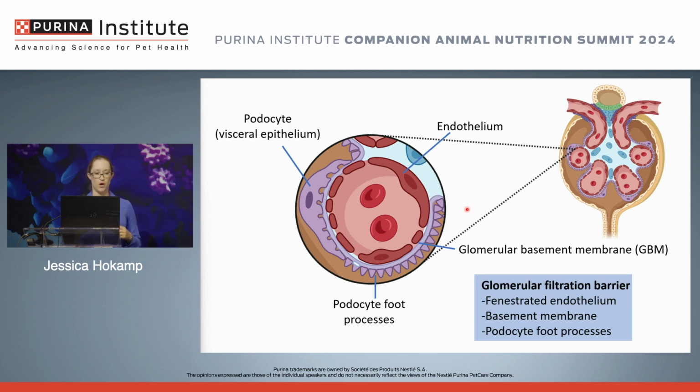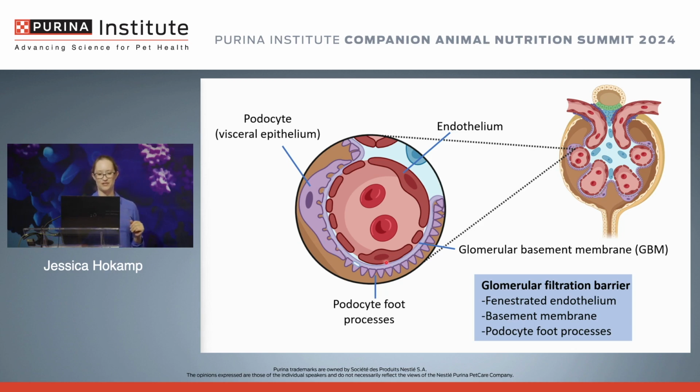We have the podocytes, which are a fascinating and beautiful cell that surround these capillary loops. Interestingly, the Podocyte Society in human medicine, their mascot is the octopus because, body, legs, yes, that is a podocyte.